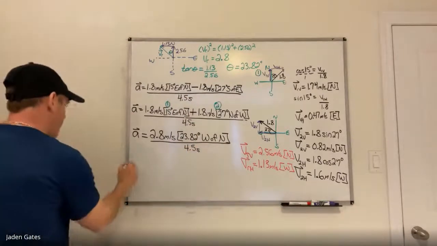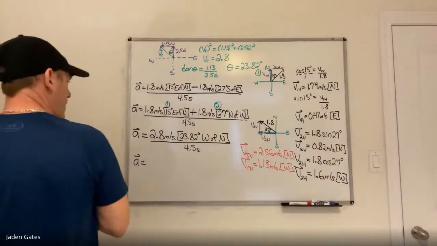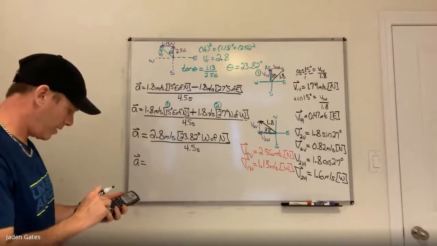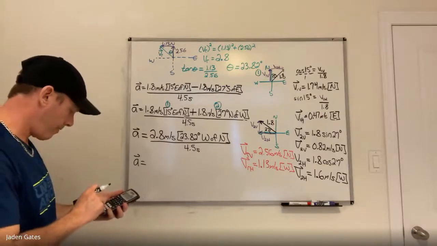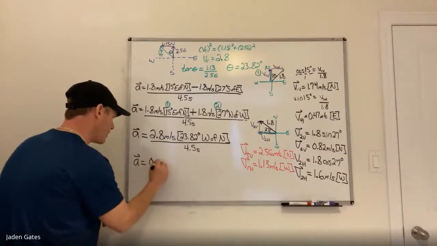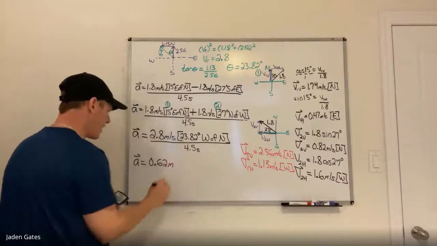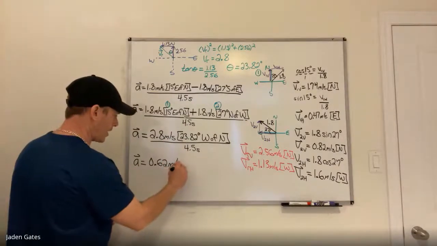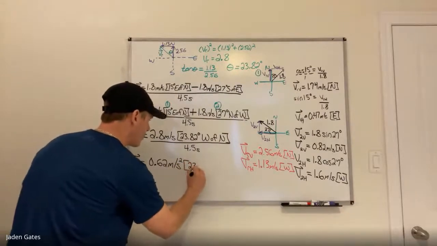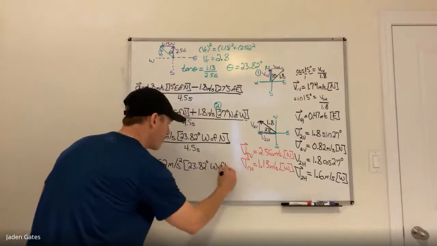All right, and then finally, I take 2.8 and I divide it by 4.5. What do we get here? 2.8 divided by 4.5, and I get 0.62 meters, and again, acceleration is meters per second squared, and of course the angle is 23, that's not going to change here, 0.82 degrees west of north.